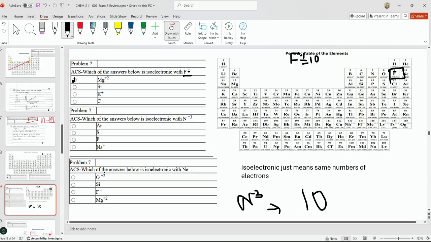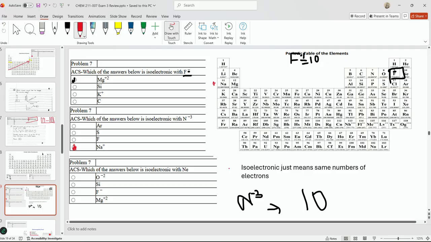Trying to find the elements. The element is here. So Na plus 1. Plus 1 means you have to subtract an electron, so Na plus 1 will have just 10 electrons. Does that make sense?